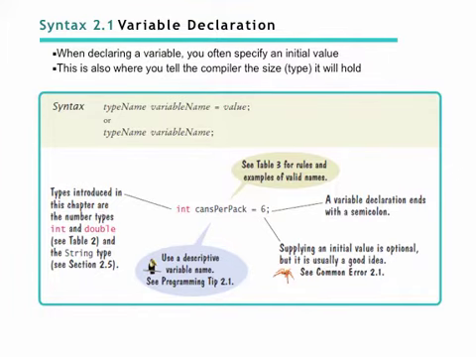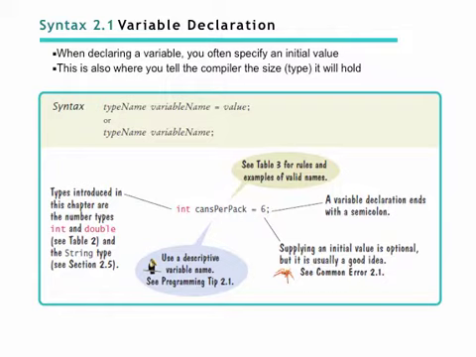Java is what is known as a strongly typed language. That means whenever we set up a space in memory, we have to tell the compiler what we're going to store there. Other languages like JavaScript don't require you to specify what data type you're going to be using. So Java is a strongly typed language and we have to articulate what the data type is going to be.